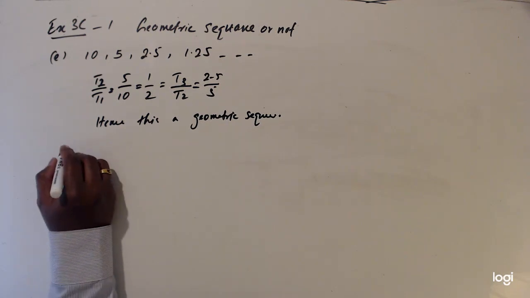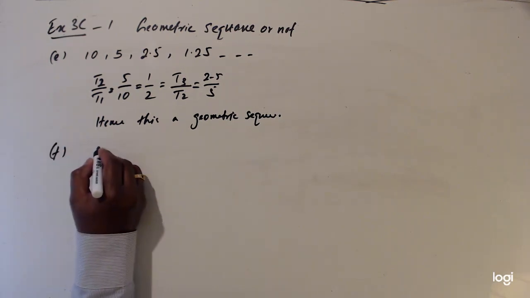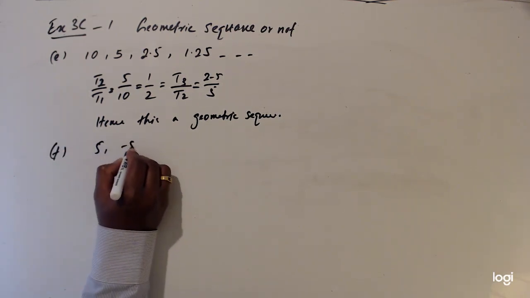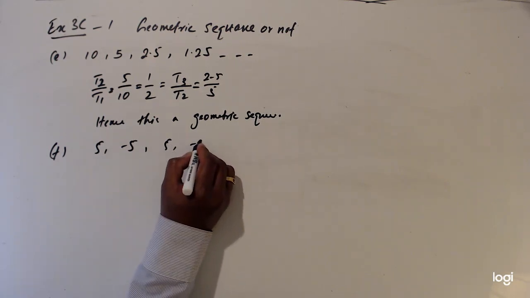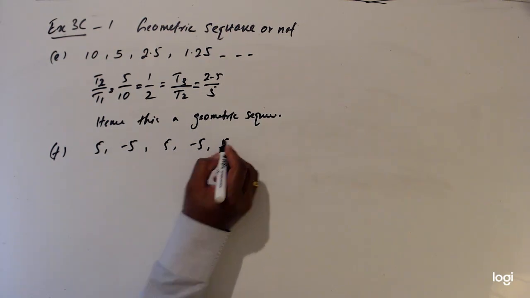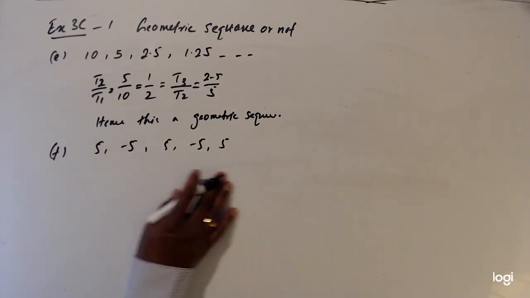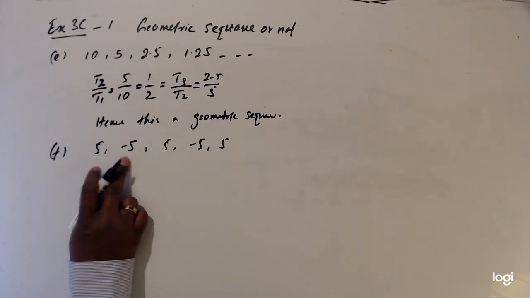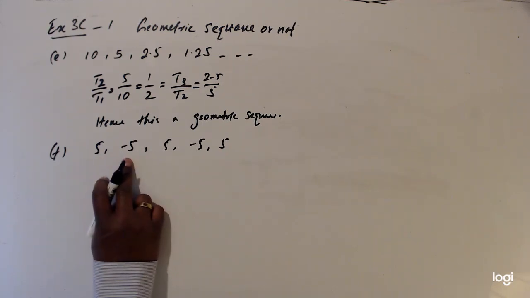And next one, part F: 5, minus 5, 5. So this is a geometric sequence. Minus 5 divided by 5 is minus 1. 5 divided by minus 5 is also minus 1.